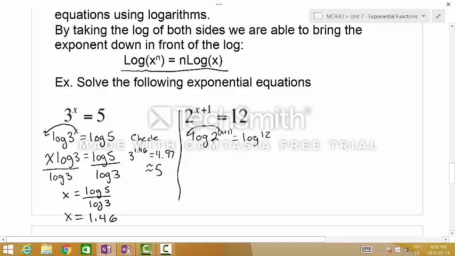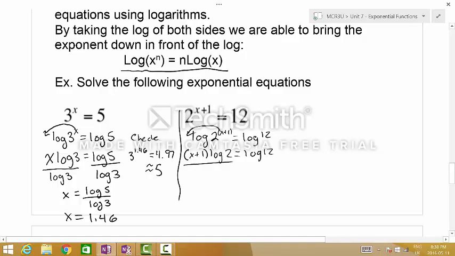Again, when you take the log of both sides, whatever the exponent is, it doesn't have to be just a single variable, just an x. If it's an expression like x plus 1, we can still bring the entire thing down in front of that log. So that x plus 1, again, I'm going to put in brackets to show it's the whole thing multiplied by log 2.